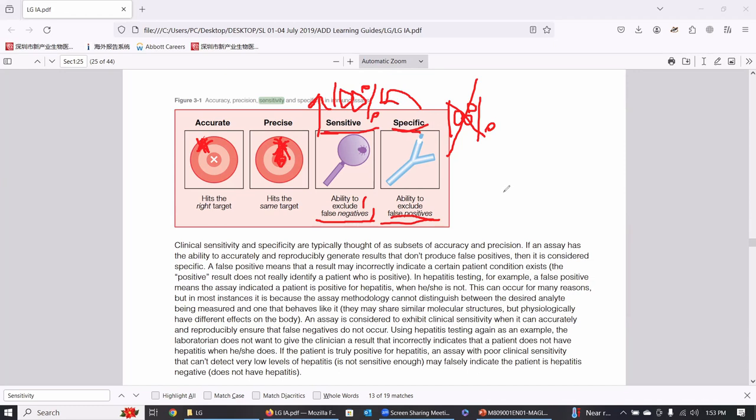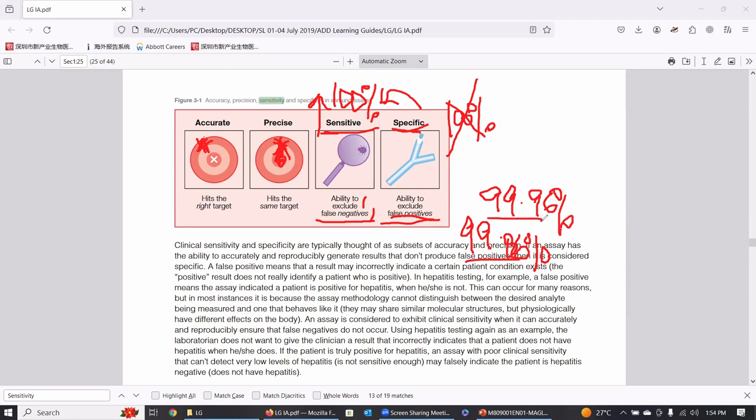So if your assay sensitivity is 99.92 or 96%, it may have a specificity of 99.86, right? So it may give 14 false positive results out of 1000 samples if the specificity is 99.86.